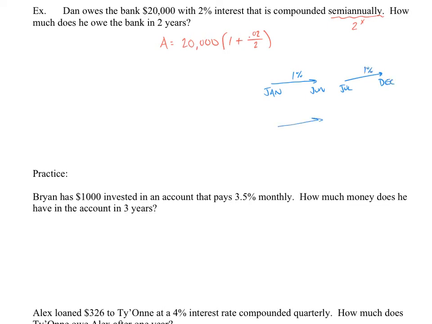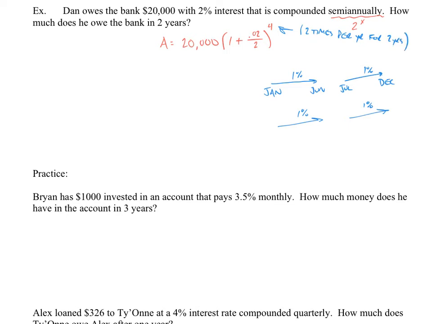We're going to do that again in the second year. So altogether, our time is going to be 4. That 4 comes from being calculated 2 times in 2 years. And it might be better to think about it as 2 times per year. That's why that's a 4.